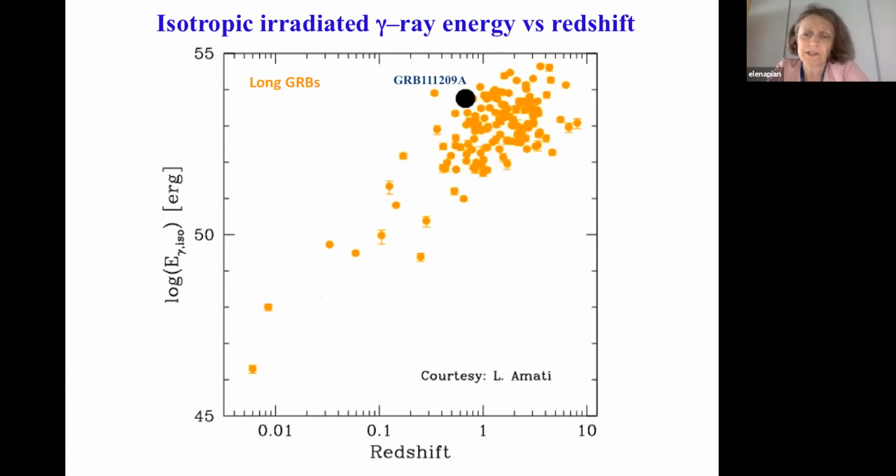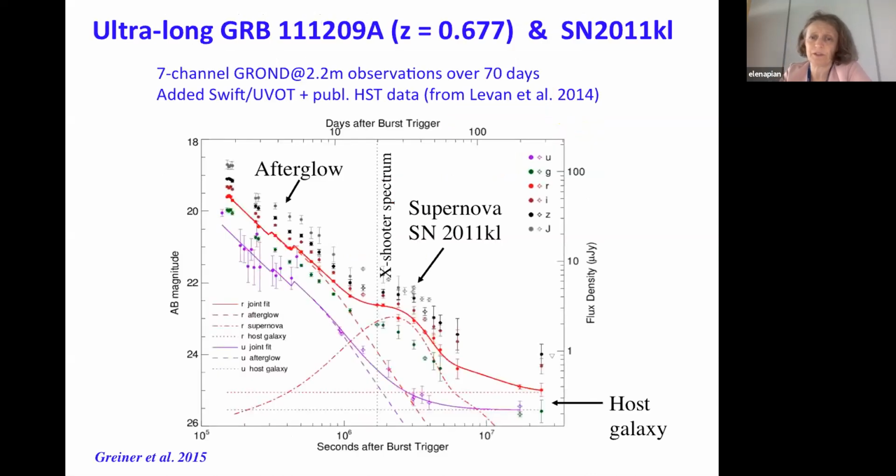The debate persisted until a counterpart was detected for one of these bursts. And you see here the optical light curve. There is a detailed optical monitoring of this gamma ray burst, and the afterglow was found. Here you see the monotonically decaying afterglow, and then there is a bump in the light curve. That's the supernova.